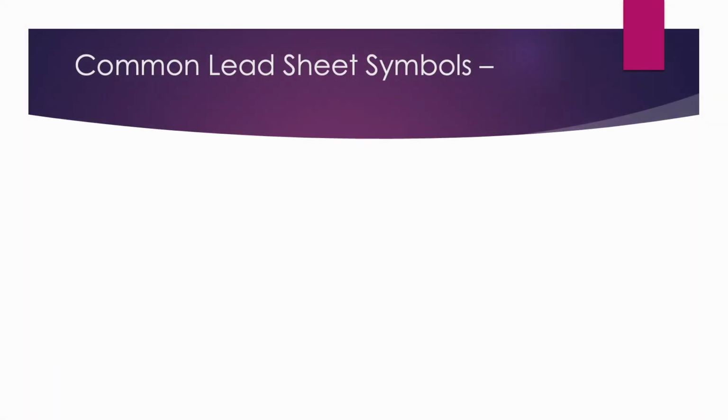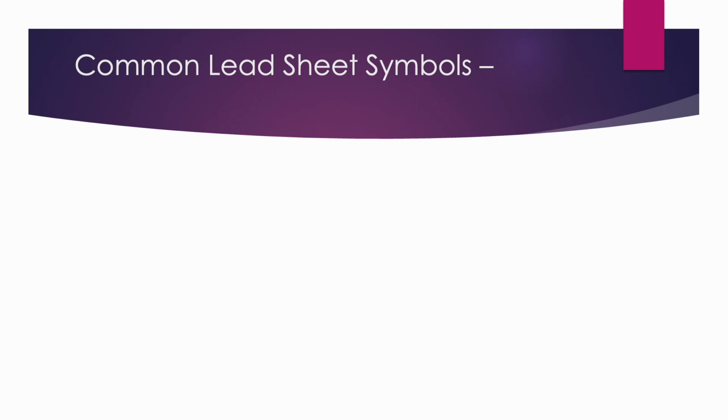So let's take a moment now and look at some of the common lead sheet symbols that are used in lead sheet notation to indicate various chords. Since today's lesson is an introductory study of lead sheet notation, let's limit our examples to triads and root position seventh chords.